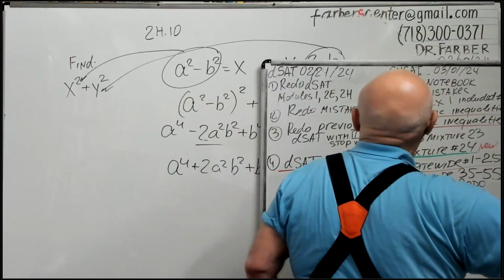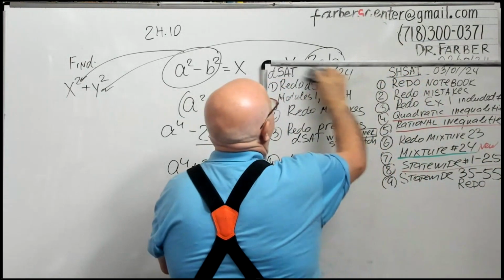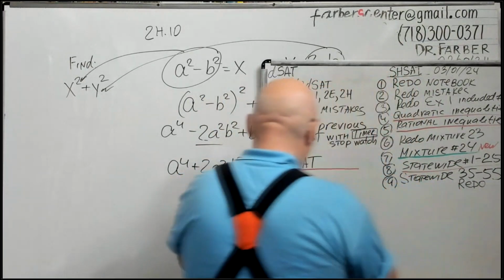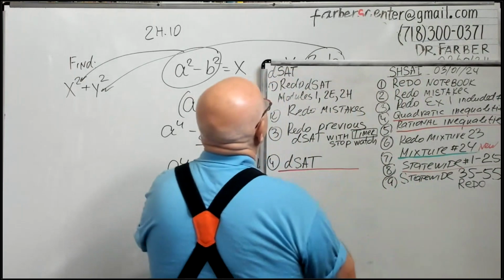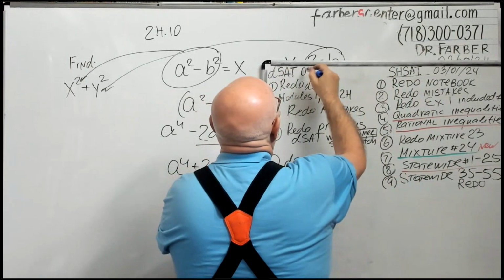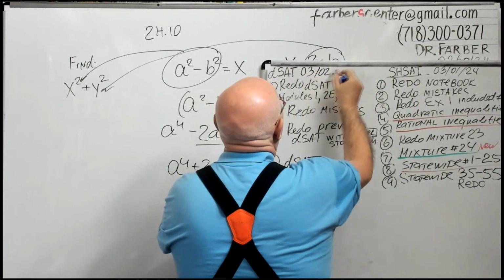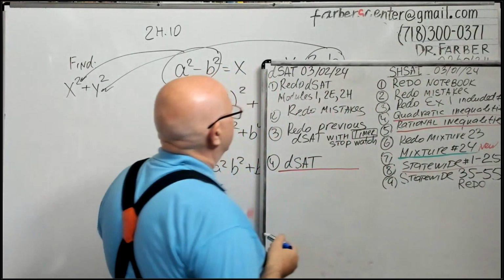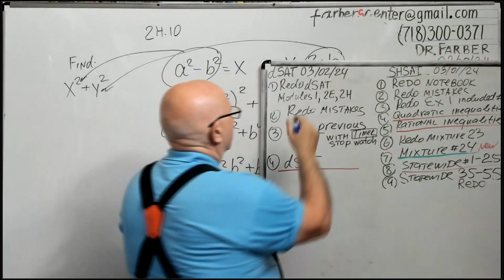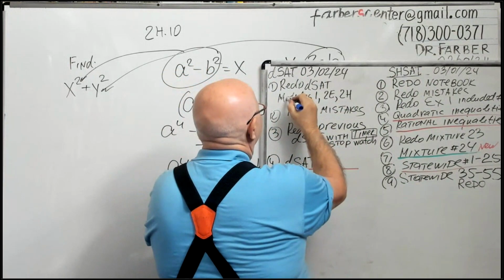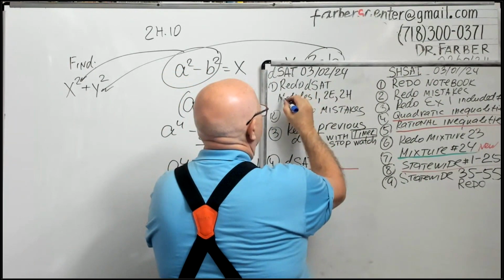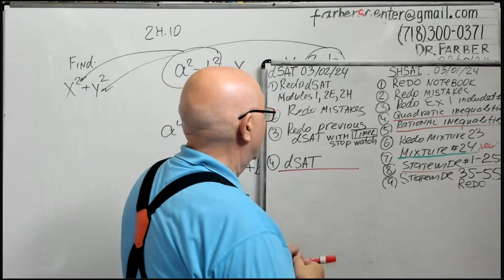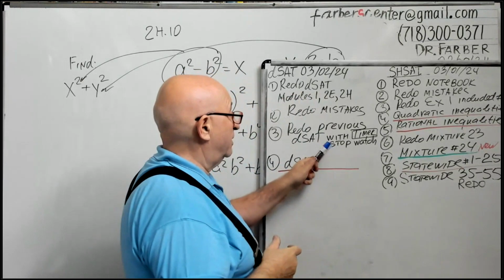Let me write you homework. Today is 03, 02. Redo this test, which you did today, modules. All this, show your work, redo all your mistakes, and redo previous tests with timer.